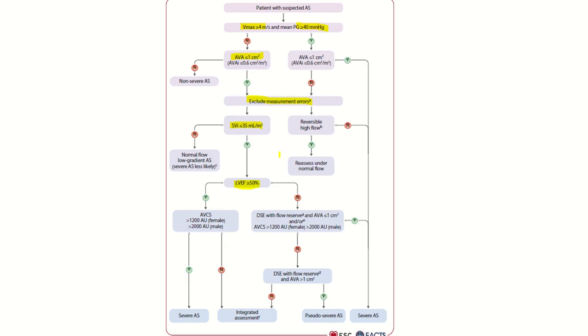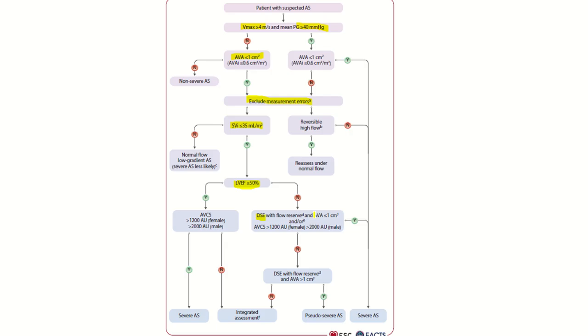So what we're going to do is calculate what is called the flow reserve across this valve, using a dobutamine stress echo. Dobutamine stress echo will assess the flow reserve. It entails that the ejection fraction has to increase 10 to 15% above the baseline of this patient to conclude that this patient has a flow reserve.